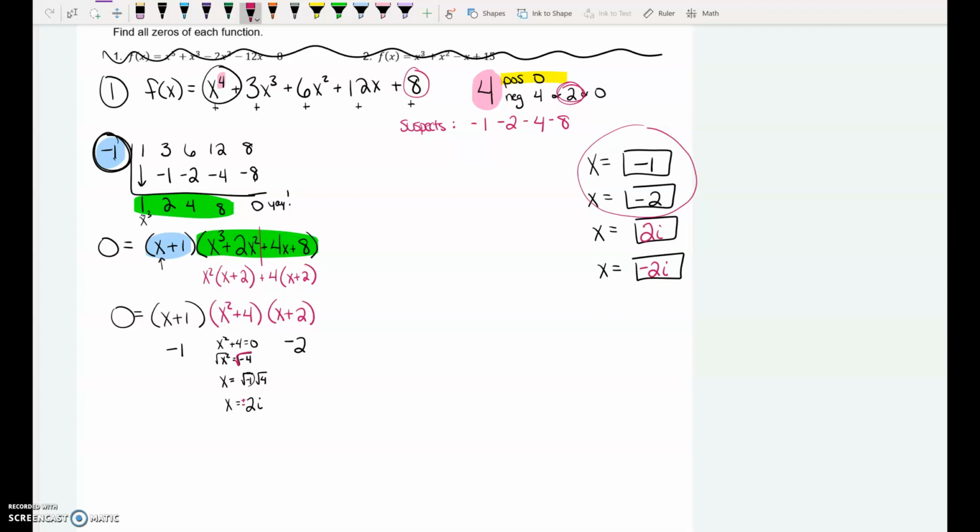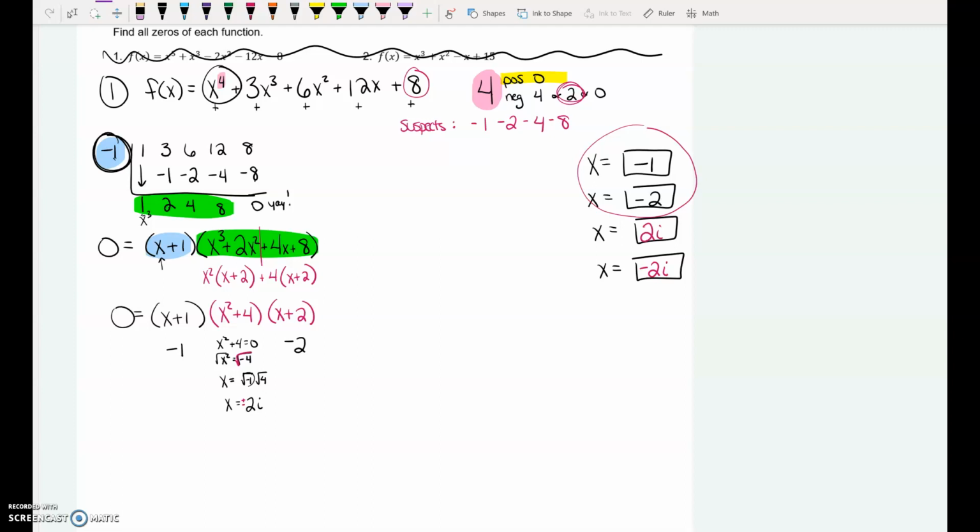This is why it's "or less by 2," because sometimes 2 of the solutions are taken up by imaginary numbers.